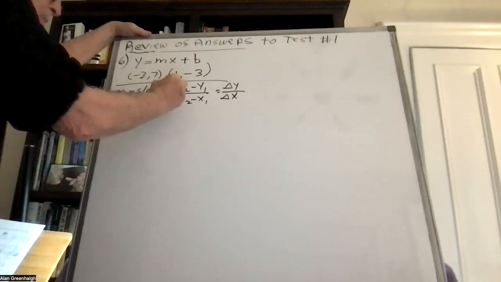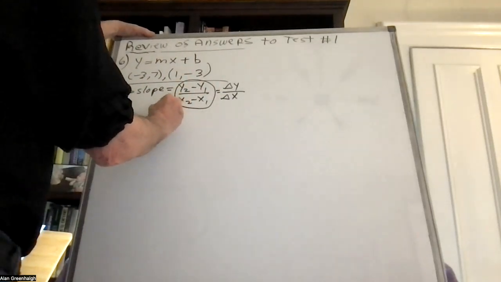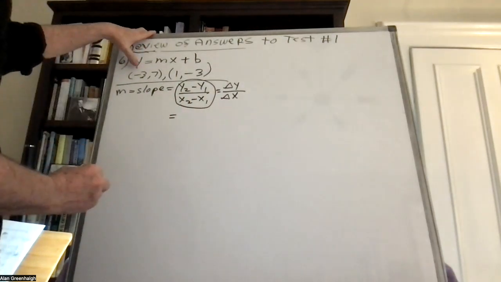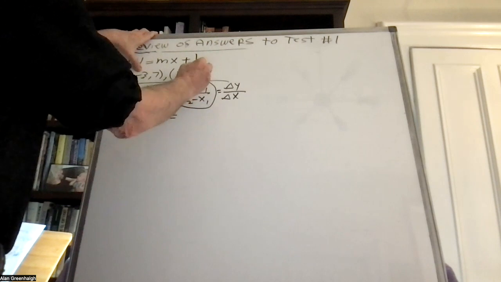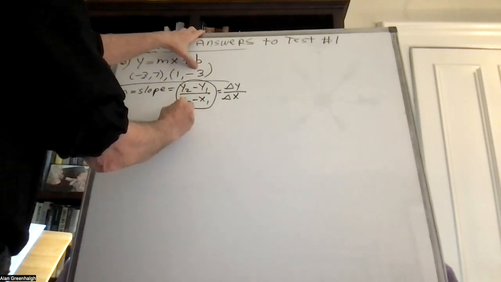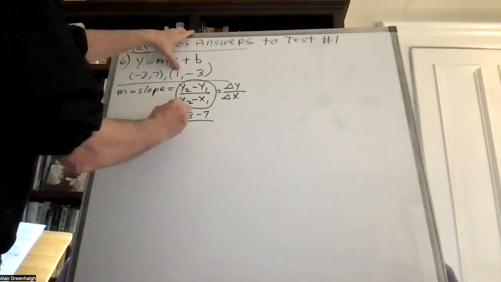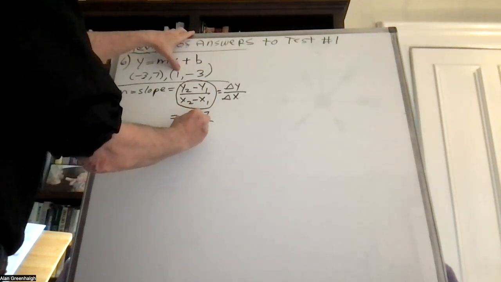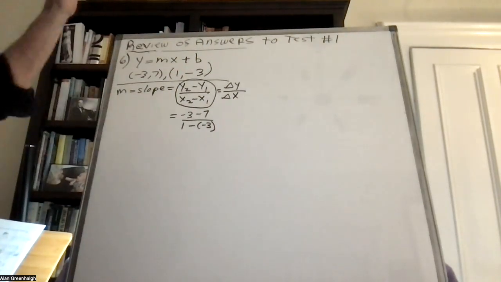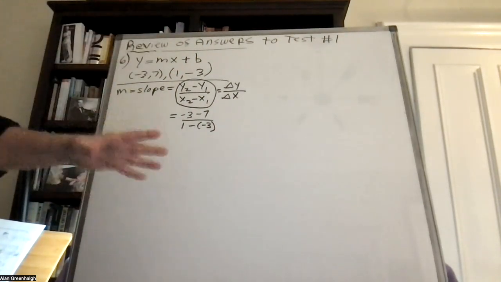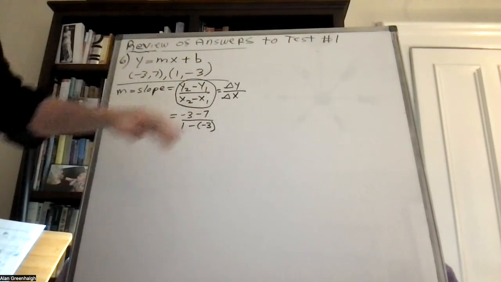Okay, so this is what we're substituting into this formula right here. And that's going to be equal to, so let's do this. y2 minus y1, so negative 3 minus 7 over 1 minus negative 3. Again, I cannot tell you how many mistakes there were in simply setting this up and evaluating this.